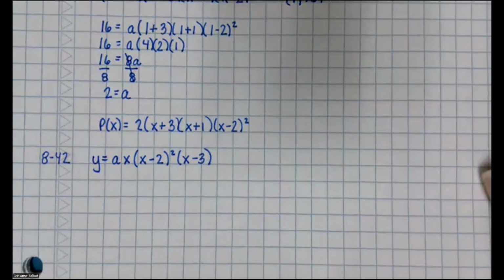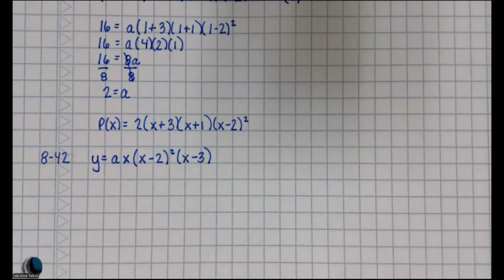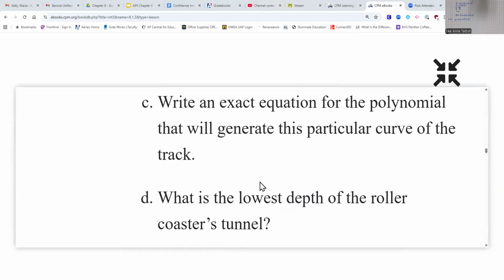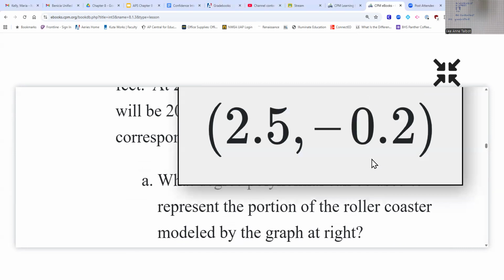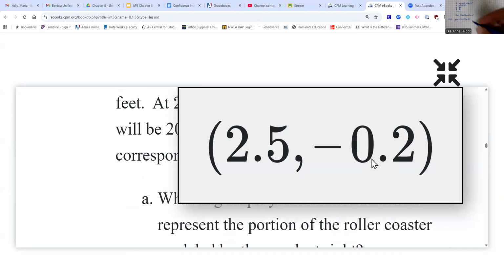Okay, now what else do I need to solve for A? Yeah, some kind of x, y coordinate. Let's see if we can search the problem without reading it to find the coordinate. Oh, there it is. Okay, so 2.5 and negative 0.2.